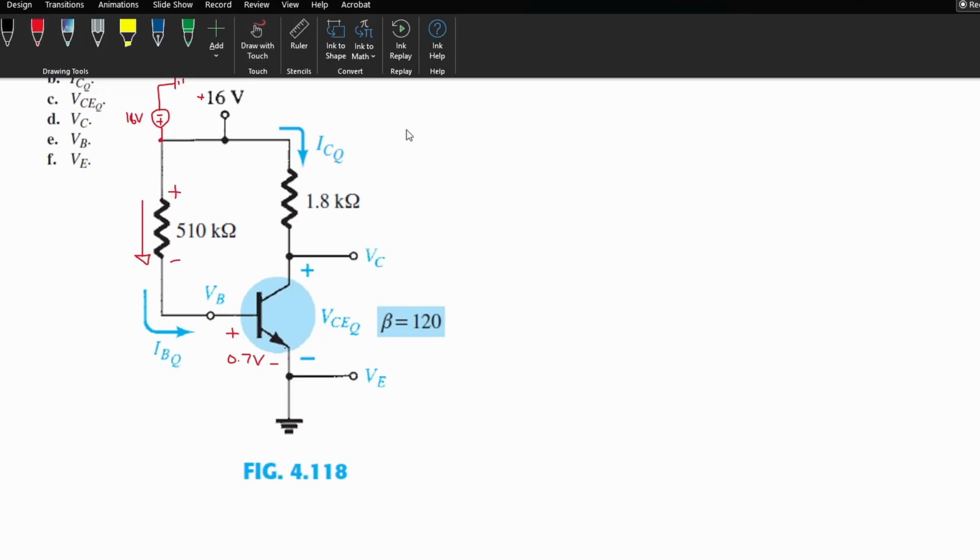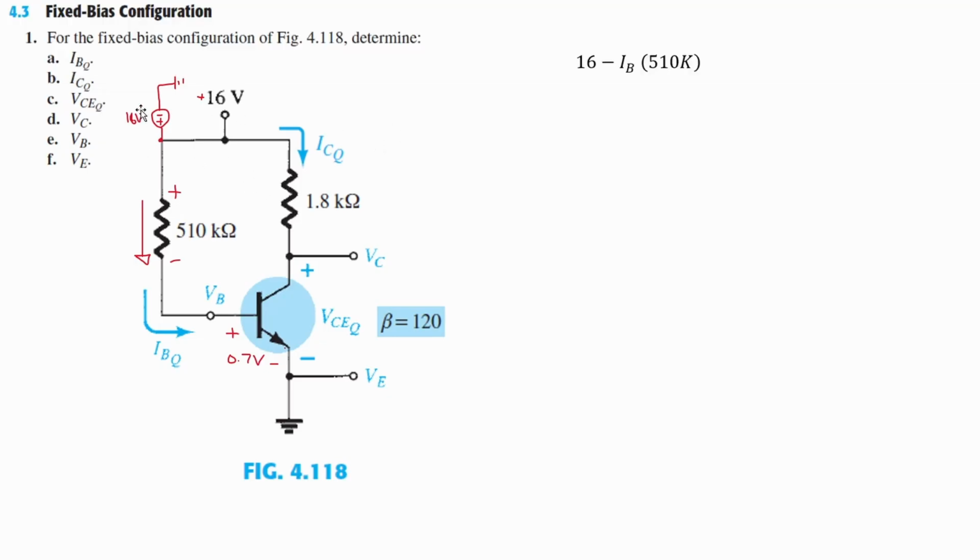So, always natin tandaan yan. So, after dumaan, positive 16 volts, then dito, and dadaan siya dito. Saan lumalabas yung current? Sa negative terminal. Sa negative side. So, negative din to. Minus 0.7 volts. And then, yung last is ground na. When we hit the ground, we equate it to 0 na. Ayan. So, that's it. Ito yung KVL.